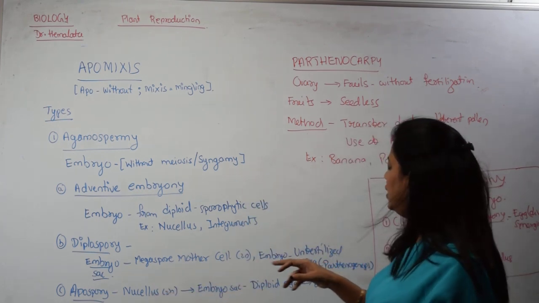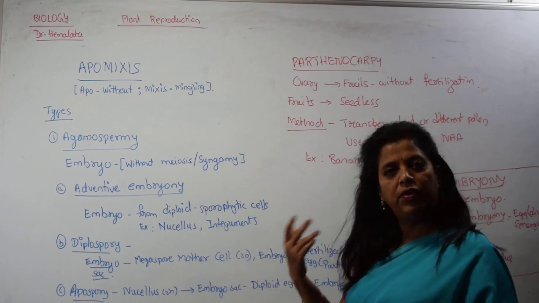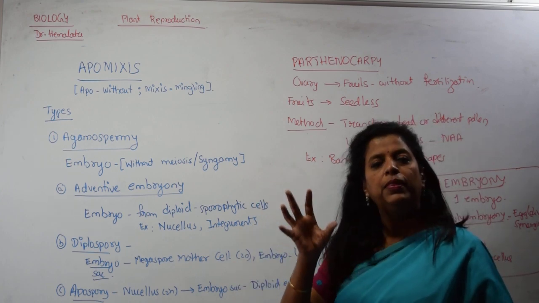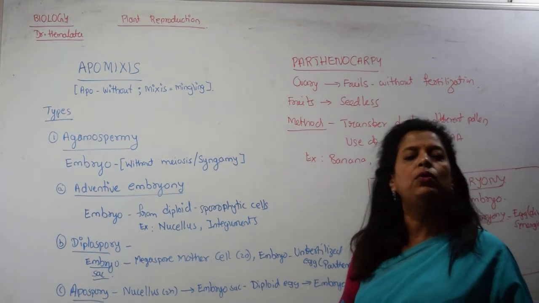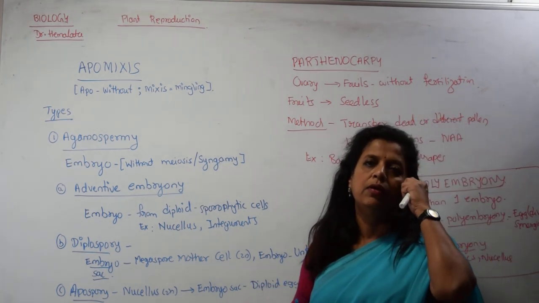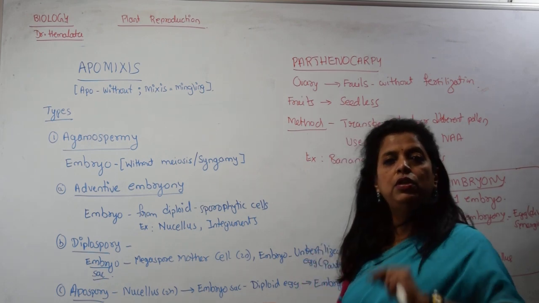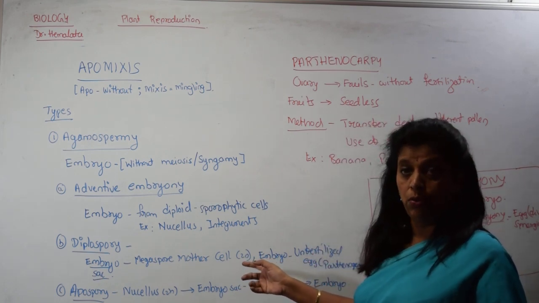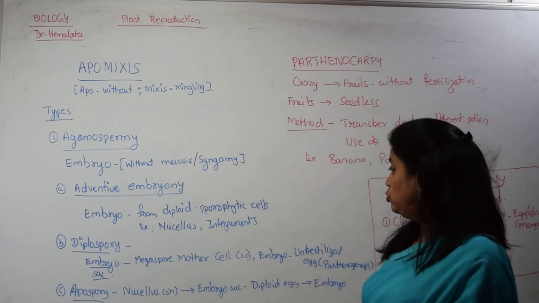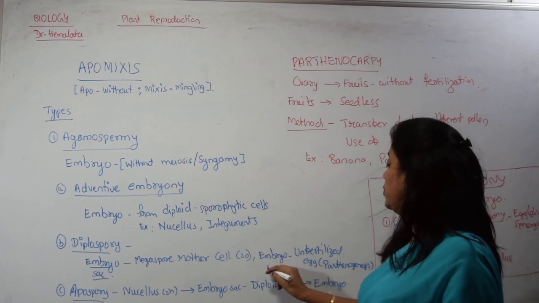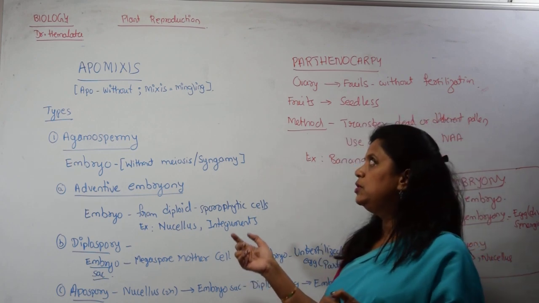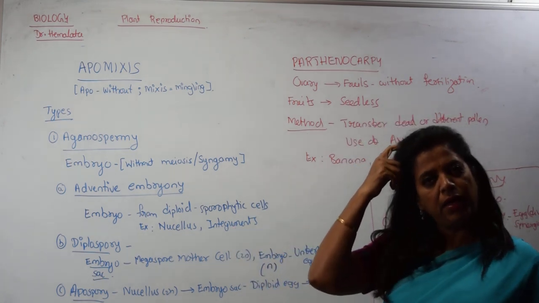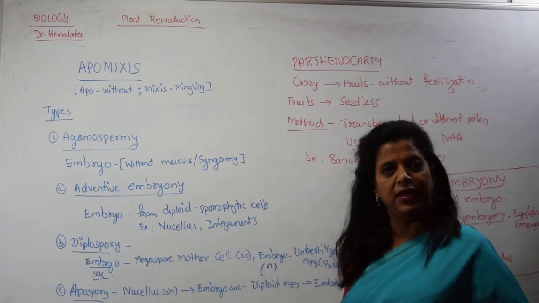This haploid cell, without undergoing fertilization, will form the embryo. Therefore, it is called parthenogenesis. Undergoing no fertilization, the egg will form the embryo. These are the haploid embryos, so this is n number. The embryo is haploid in nature, because parthenogenesis is happening by the egg itself, but the egg is not undergoing fertilization.